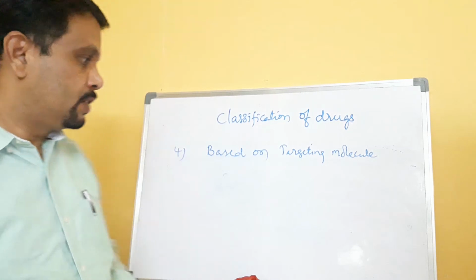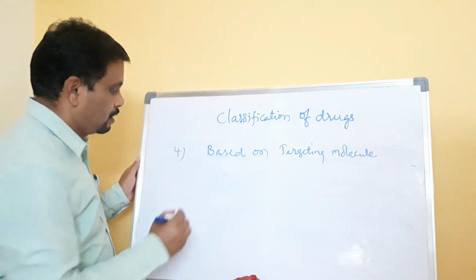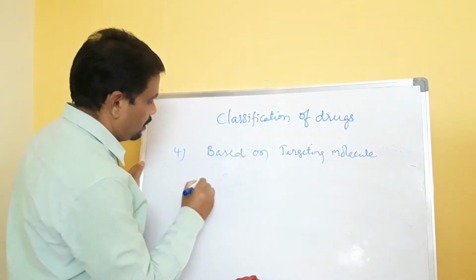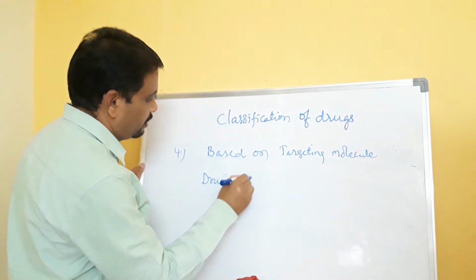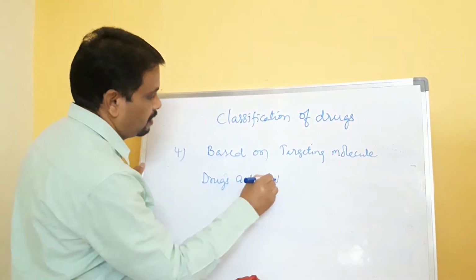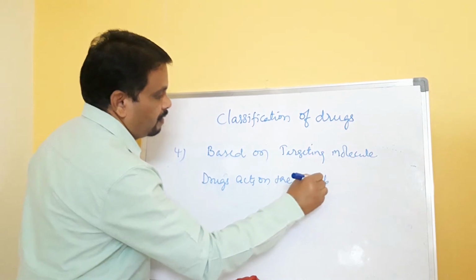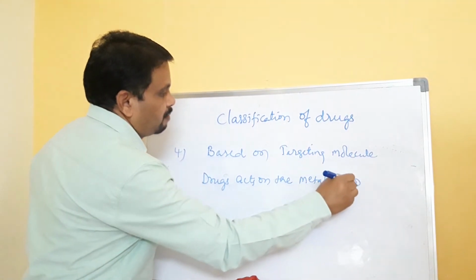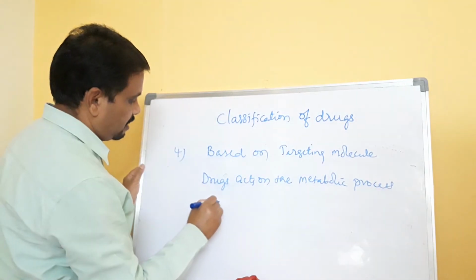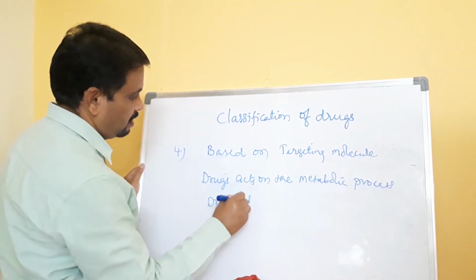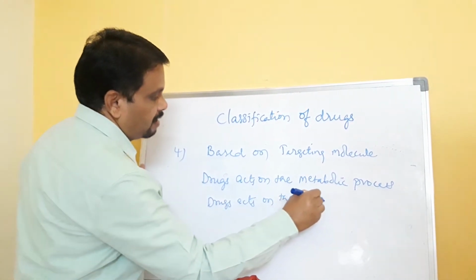Some drugs can target metabolic process. I'll give you some examples. Drugs act on the metabolic process. Next, drugs act on the genetic material.